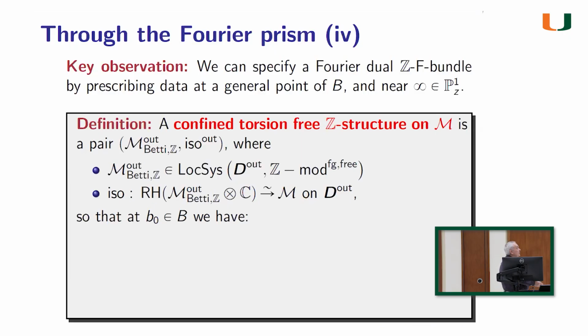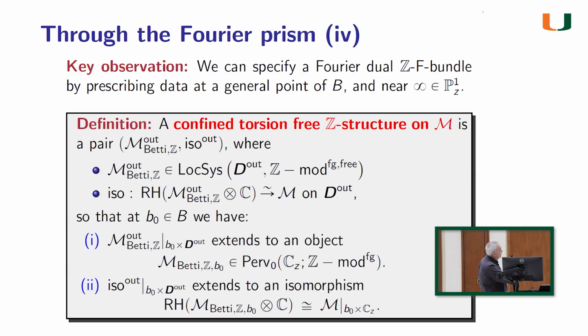So it's actually a local system of finitely generated abelian groups on the punctured disk near infinity, an isomorphism of the associated D module on the punctured disk near infinity with M restricted at the point, and an isomorphism such that at the point B, it extends to an object in perv 0 on the whole line, and the isomorphism extends to an isomorphism of the associated D modules, but only at one single point where we have the spectral cover being unramified.